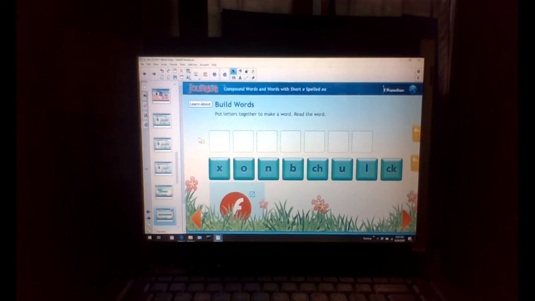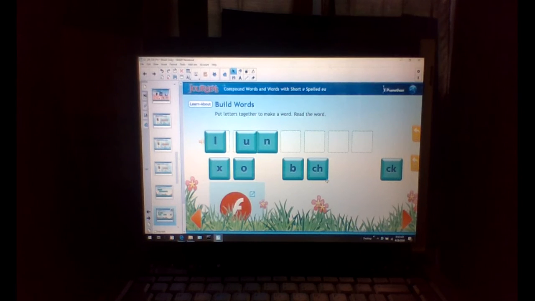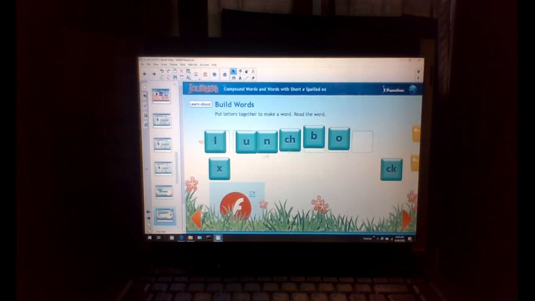Got a lot of letters here. Lunchbox. That sounds like a compound word, boys and girls. Let's put it together. Lunch, and then box. Lunchbox. Good job, boys and girls.